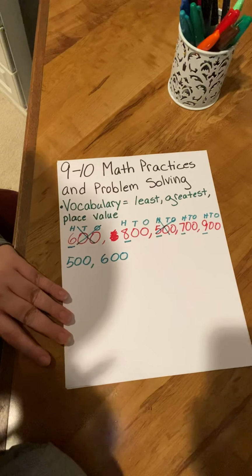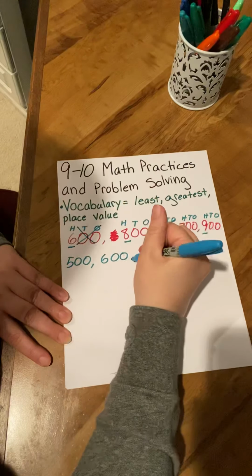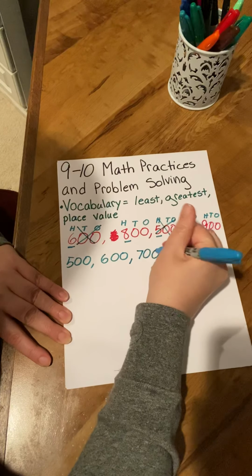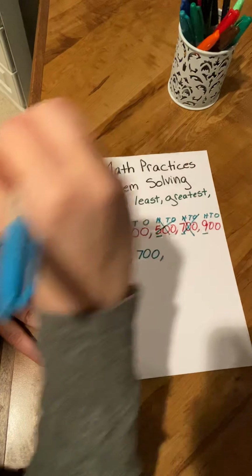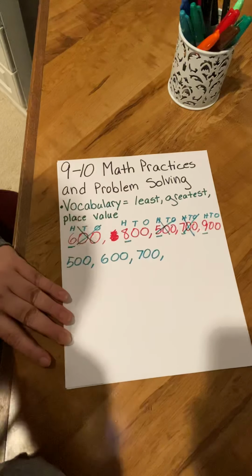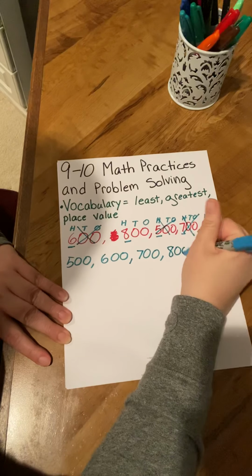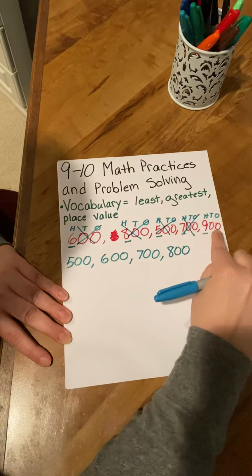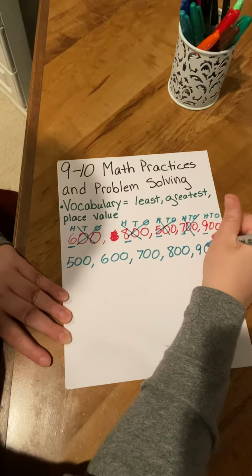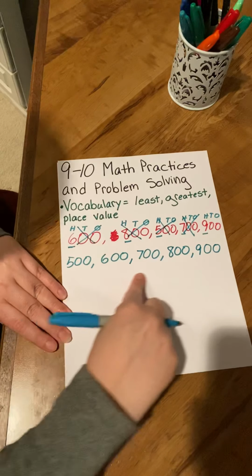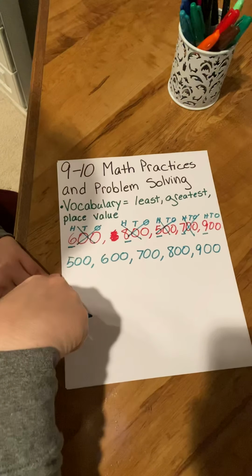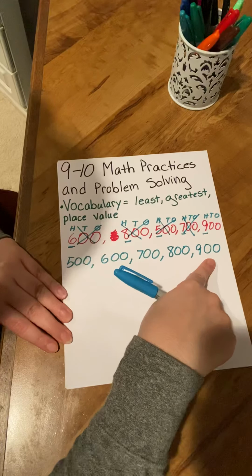What do you think is going to come next? 700. I have 8 and I have 9 left. What's next? 800. And my last one, 900. So now I have these numbers in order from least to greatest.